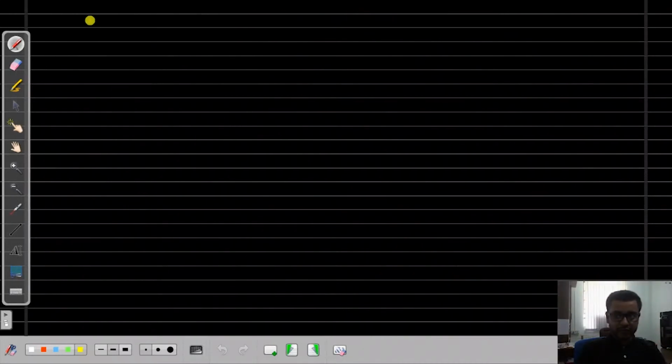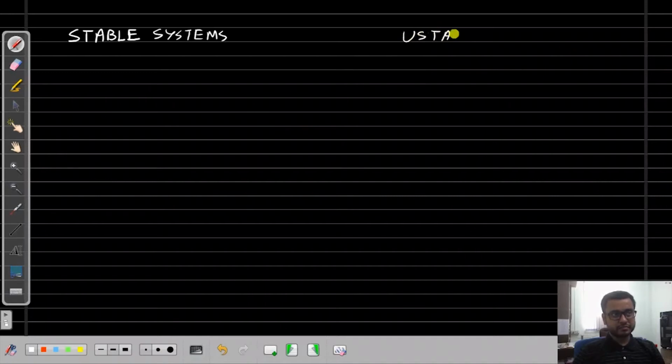Another way to classify systems is as follows. We say stable system versus unstable system. Now, let me first tell you informally, a system is stable if its output is never very large.